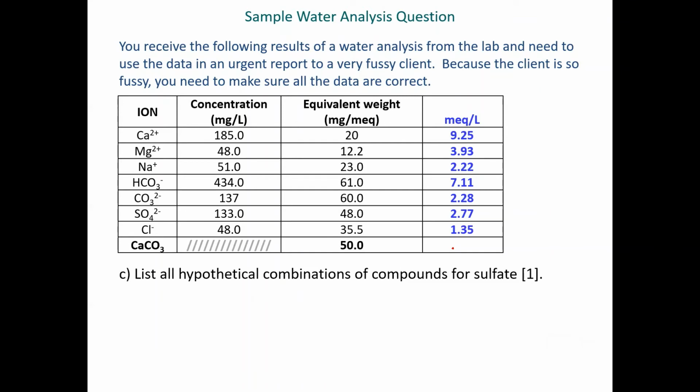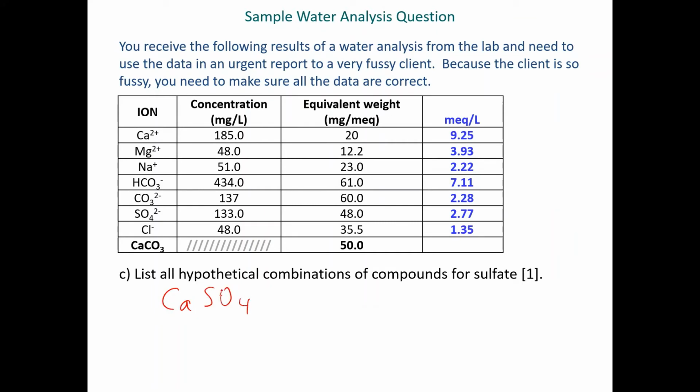Maybe it's not the next question, maybe it's D. We'll get to that in a second. So this says list all the hypothetical combination of compounds for sulfate. Okay, so what I want you to do is tell me all the possible sulfate compounds you're going to get. So basically, you're going to combine sulfate with, so the first one is calcium. So we've got calcium and sulfate have complementary charges.